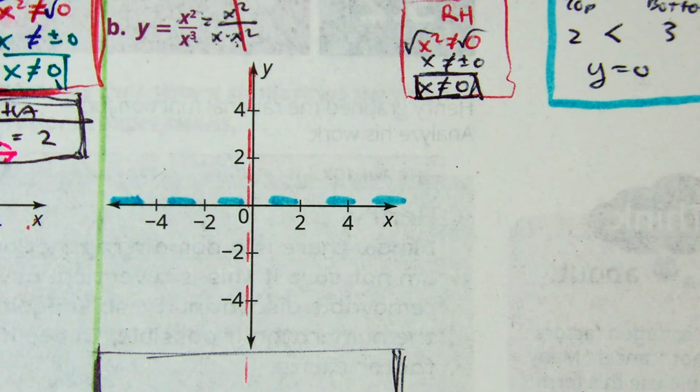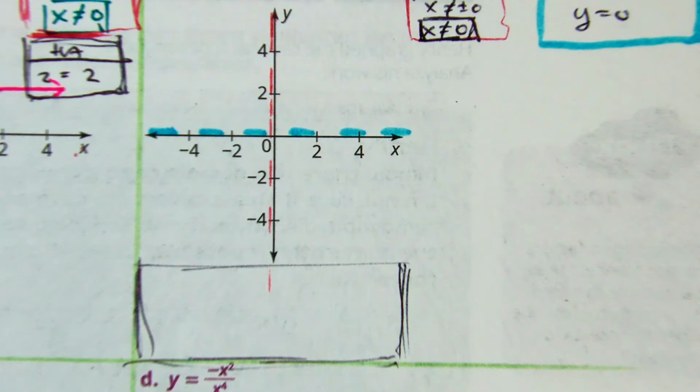Partner A, read from your formula sheet. What's step number 3 in graphing a rational function? Brandon, what's step number 3? We're going to make a table of values. So I asked you guys to reserve this spot below.